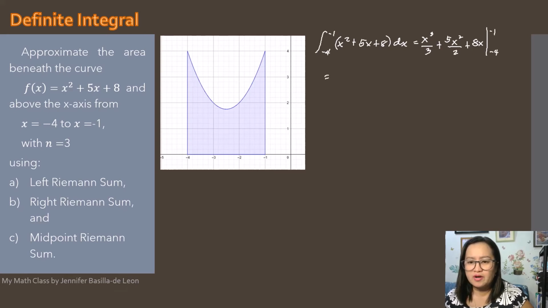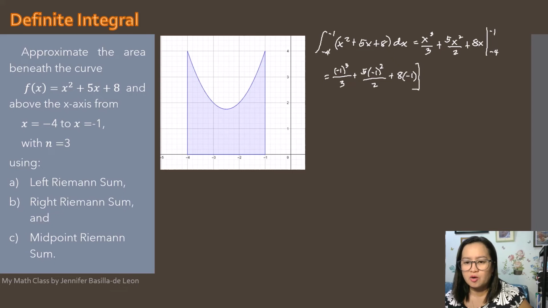Now we simplify. So now we evaluate the antiderivative using the limits, so we will have negative 1 raised to the third power over 3 plus 5 times negative 1 squared over 2 plus 8 times negative 1.